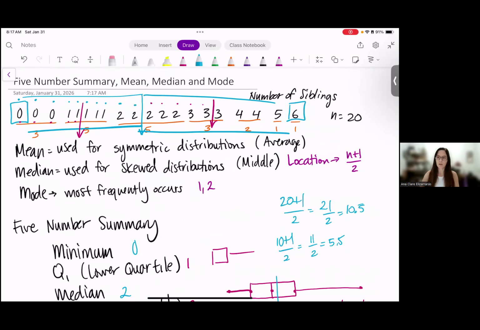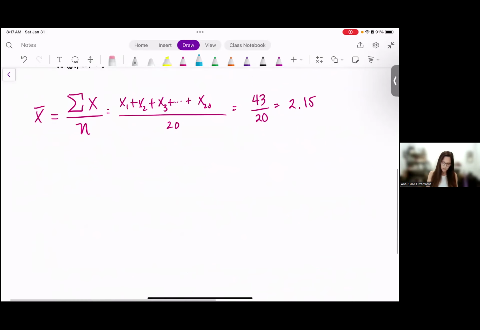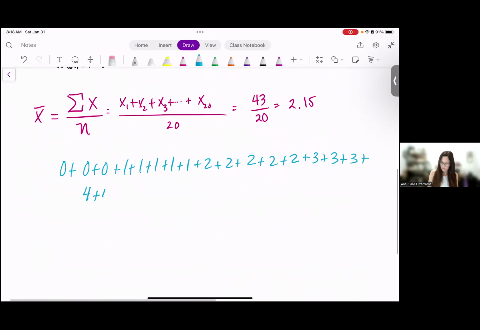One thing I will note for y'all is if you're using a calculator and you add 0 plus 0 plus 0 plus 1 plus 1 plus 1 plus 1 plus 1 plus 2 plus 2 plus 2 plus 2 plus 2 plus 3 plus 3 plus 3 plus 4 plus 4 plus 5 plus 6. And then you say divide by 20, you will not get 2.15.